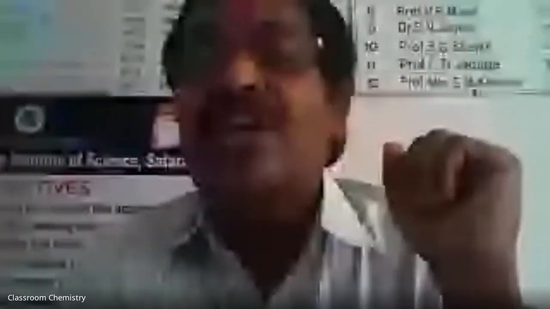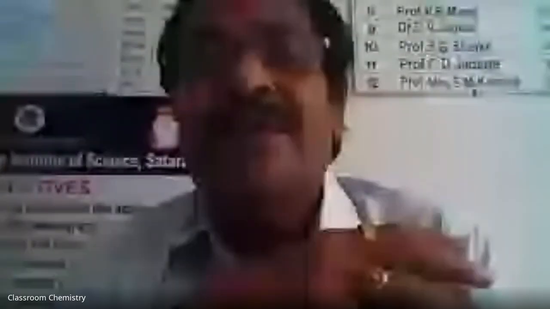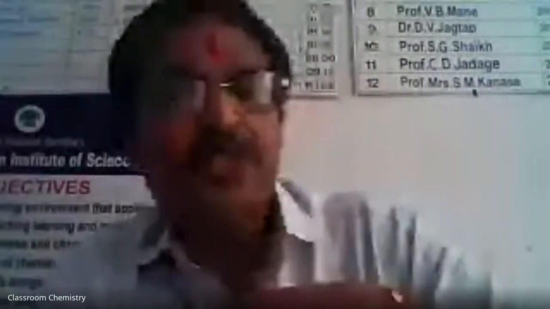Now the second point, that is classification of spectroscopy. Spectroscopic method or spectroscopic measurement is on the basis of either energy absorbed or emitted. What is done in spectroscopic method?